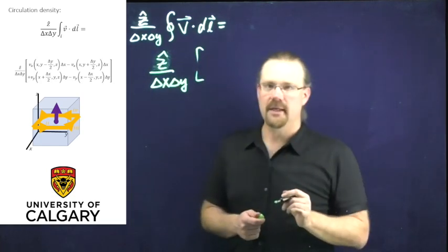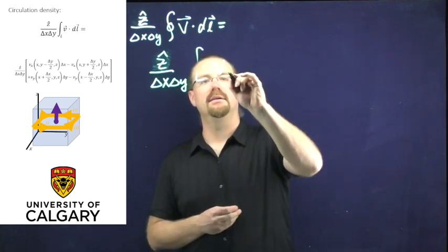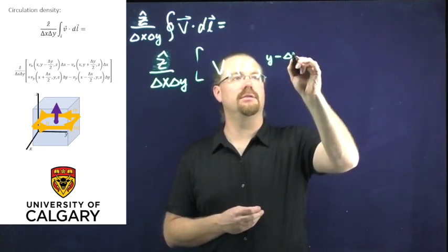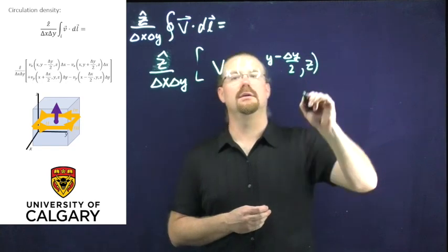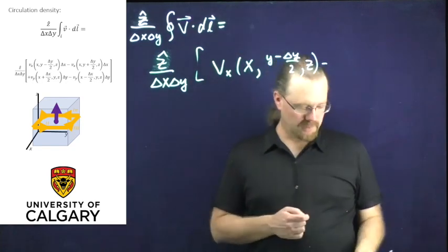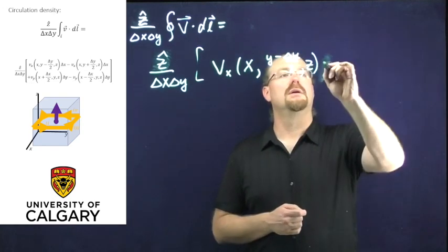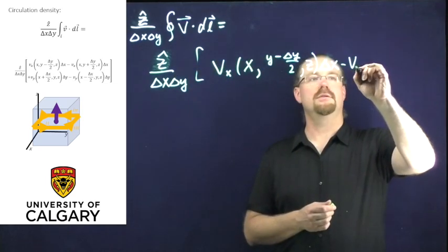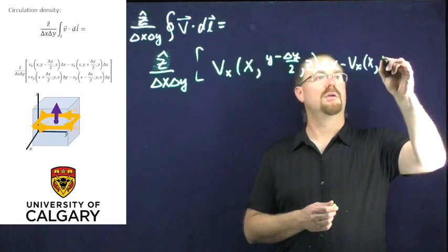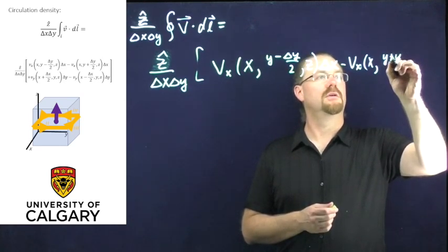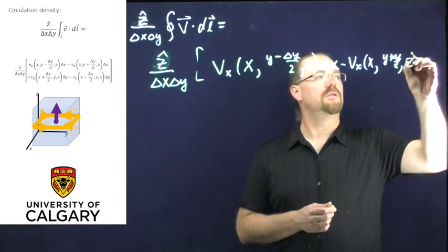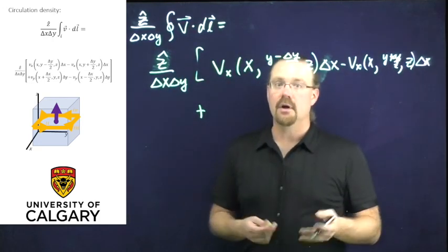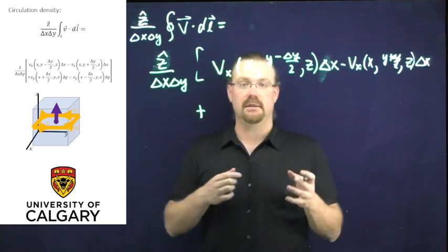And what we wind up getting is the x component, Vx, evaluated at x, y minus delta y over 2, z, minus Vx at x, y plus delta y over 2, z, times delta x, plus something very similar from paths 2 and 4, along which we also took our integrals.